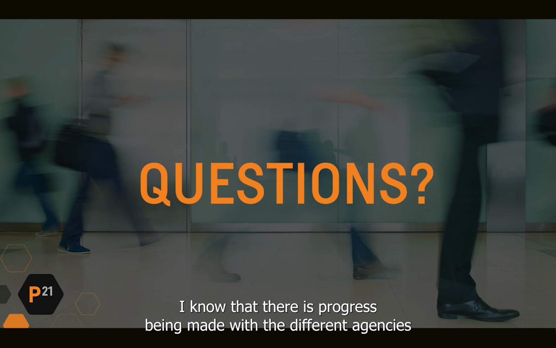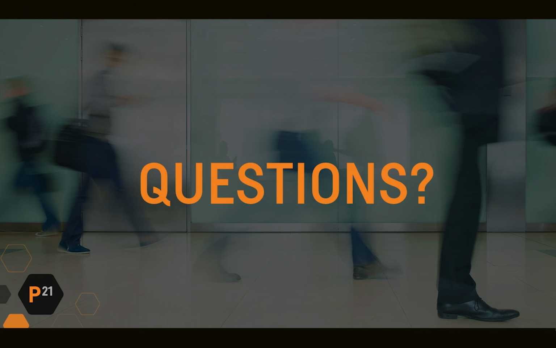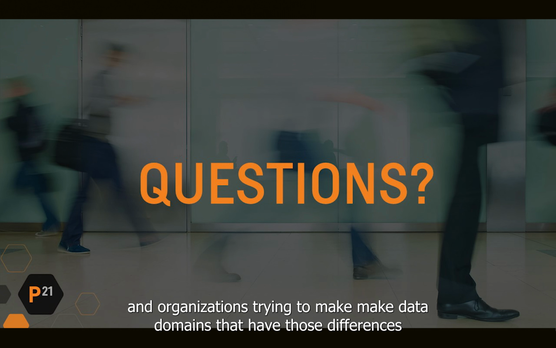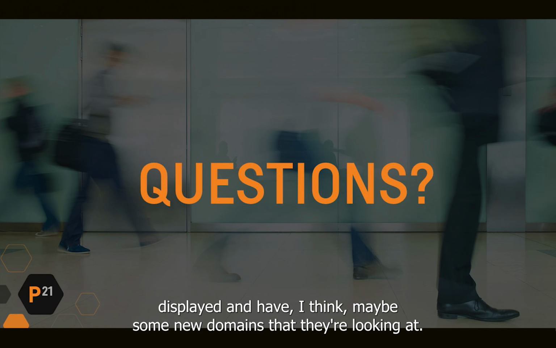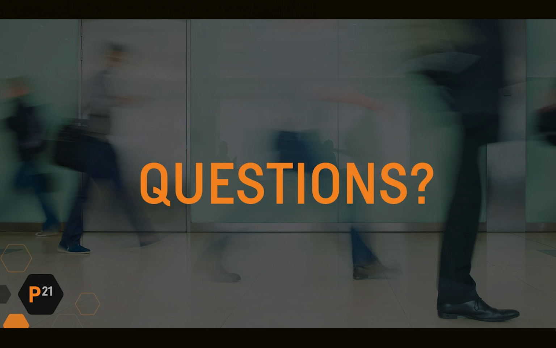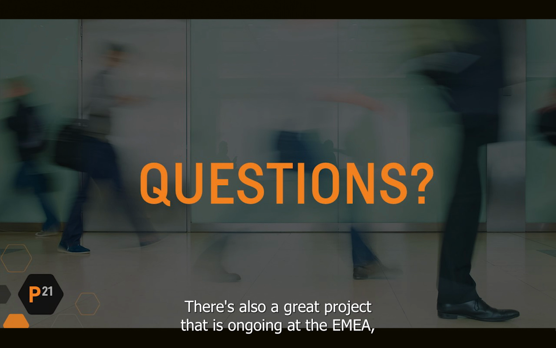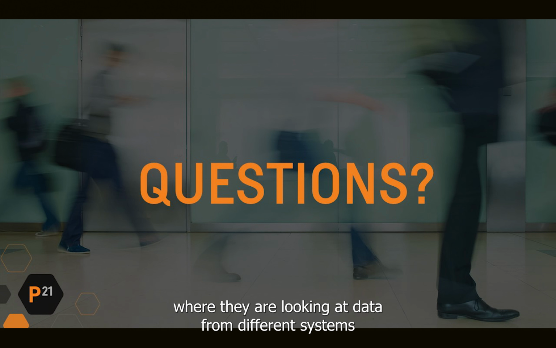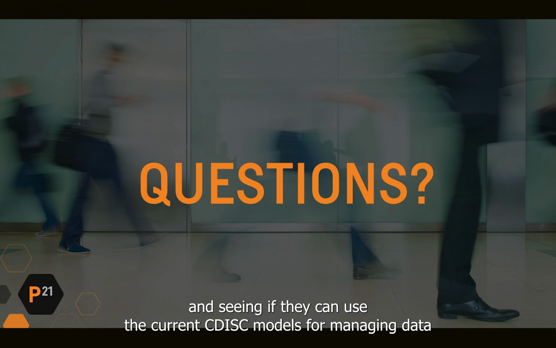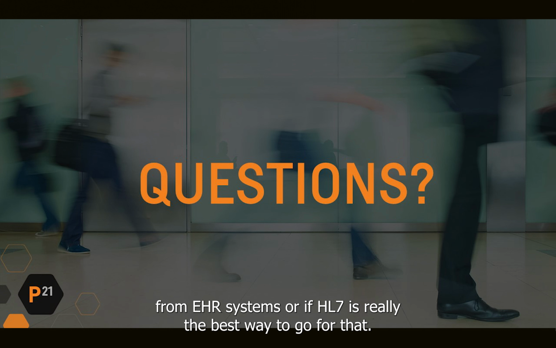I know that there is progress being made with the different agencies and organizations trying to make data domains that have those differences displayed and have, I think, maybe some new domains that they're looking at. There's also a great project that is ongoing at the EMEA, where they are looking at data from different EHR systems and seeing if they can use the current CDISC models for managing data from EHR systems, or if HL7 is really the best way to go for that.